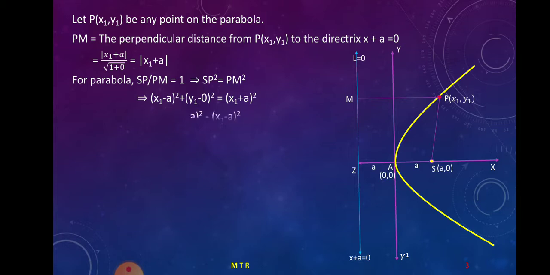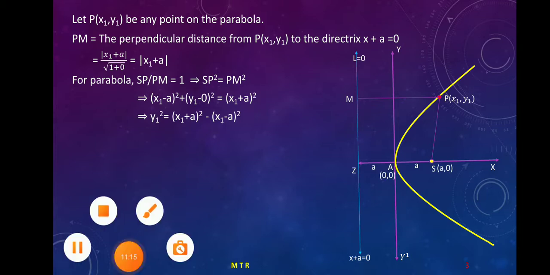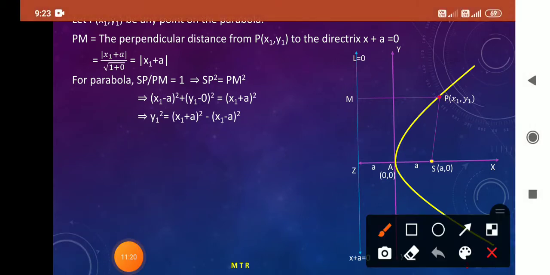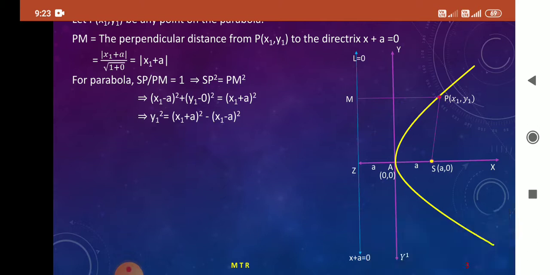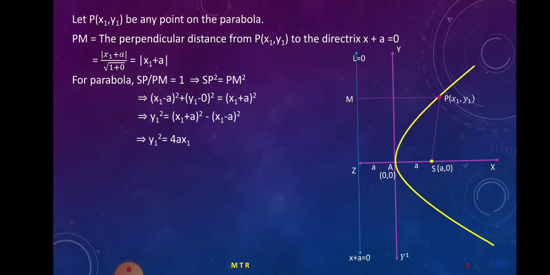Now y1 square is equal to, bring that (x1 - a) whole square to the right side: (x1 + a) whole square minus (x1 - a) whole square. That is (a + b) whole square minus (a - b) whole square. What is (a + b) whole square minus (a - b) whole square? Yes, 4ab. So y1 square is equal to 4a x1.